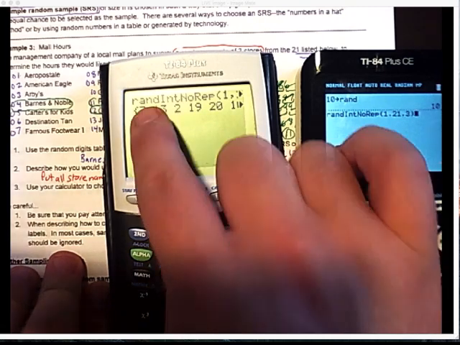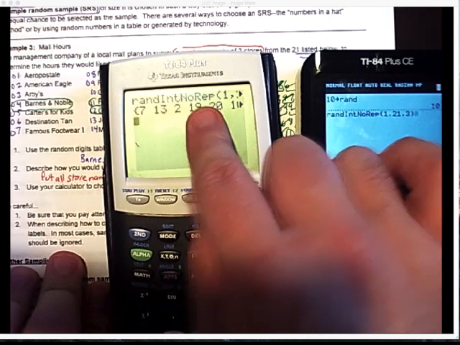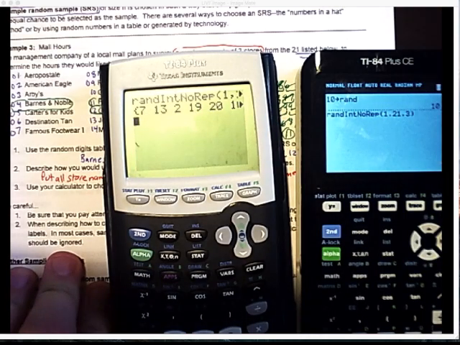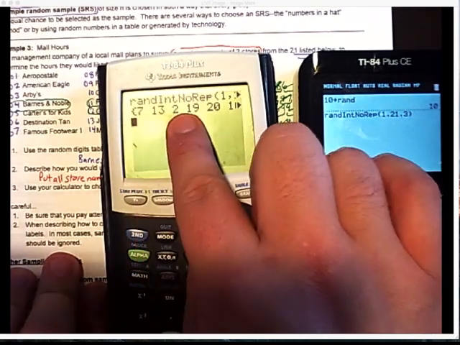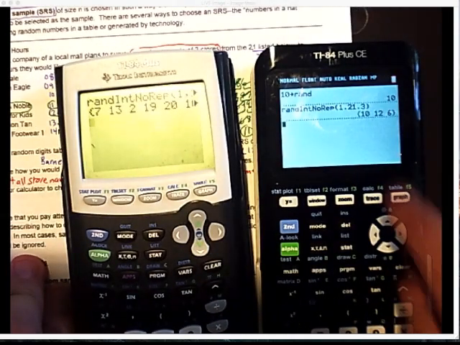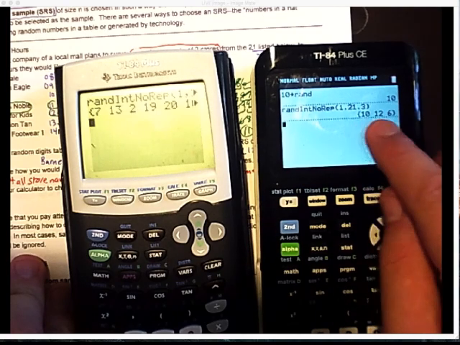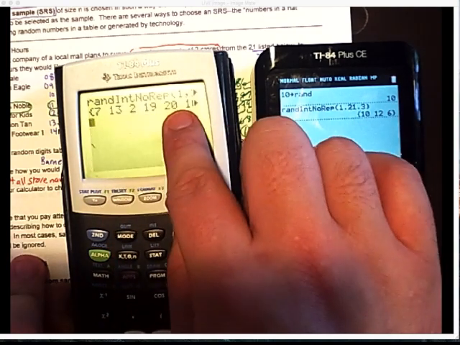All right, and it will give me a string of numbers, 7, 13, 2. All right, those would be the first 3 of the string. On this model, it's not going to have that. It's going to give me 3 numbers here. It's just going to return 3. It's not going to return a whole string like this.